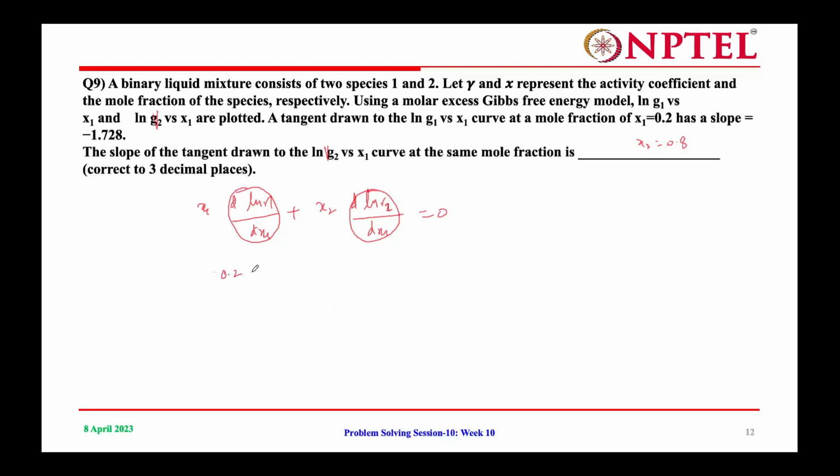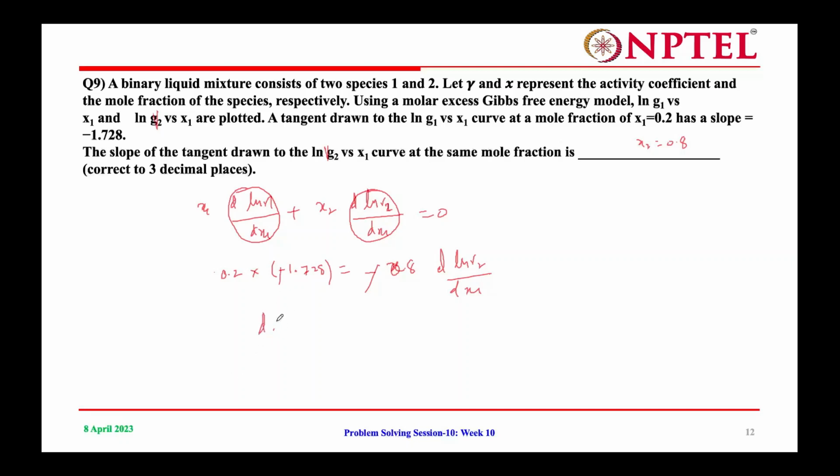0.2 into minus 1.728 equals minus 0.8 into d ln gamma 2 divided by dx1, right? Minus gets cancelled.